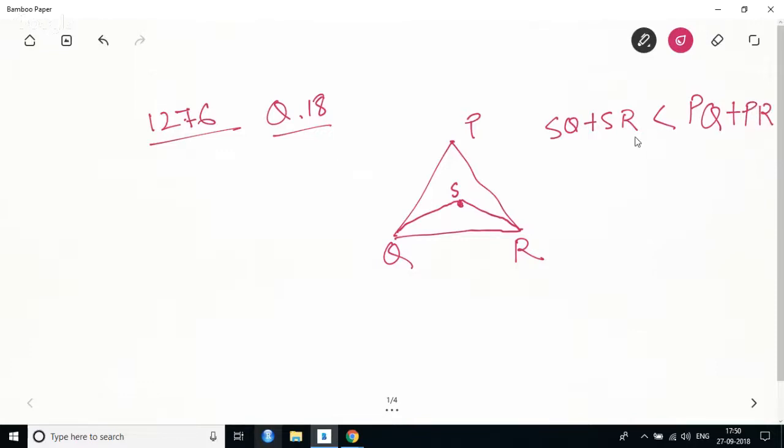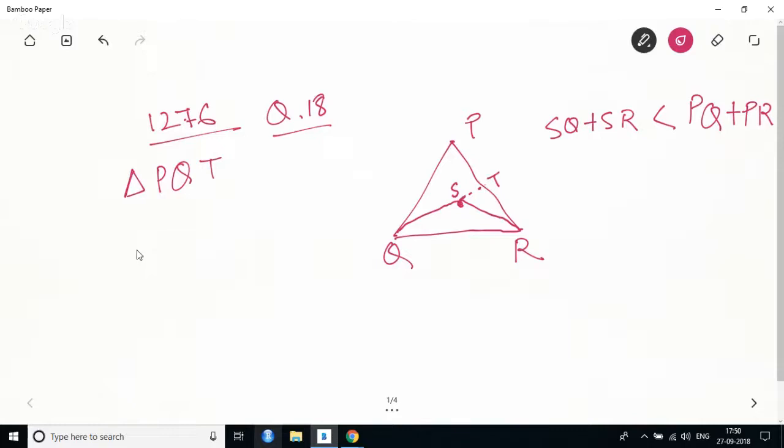Now, how do we do it? In this particular question, a construction is required. So, let me extend this SQ. You can do it on this side also. So, extend it to this side and suppose this is T. So, what happens? I take triangle PQT.